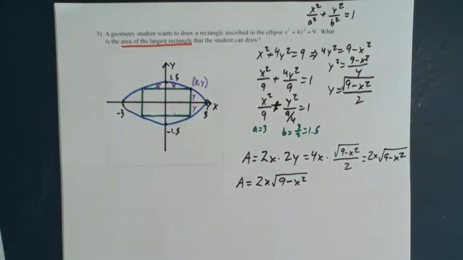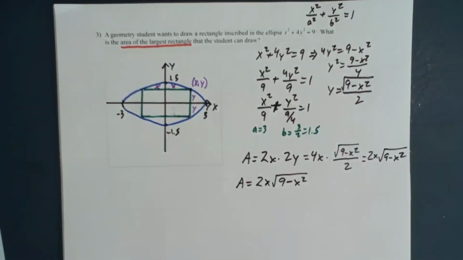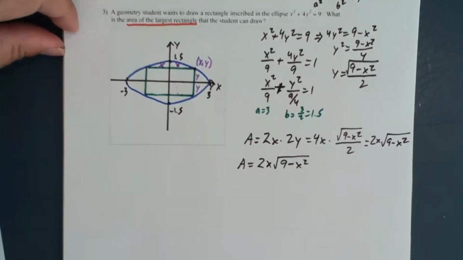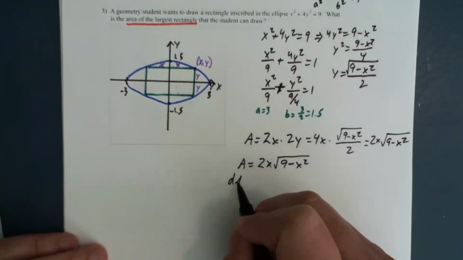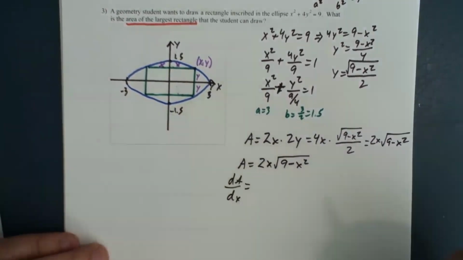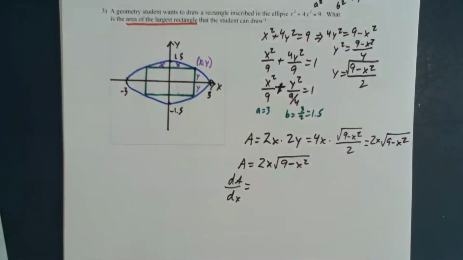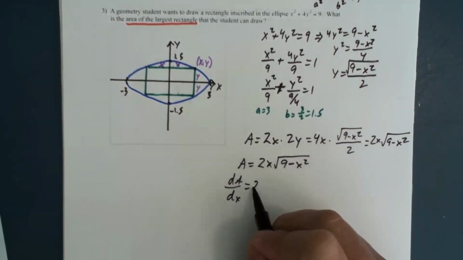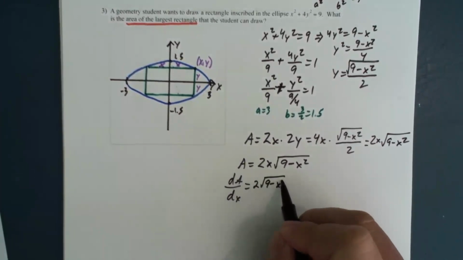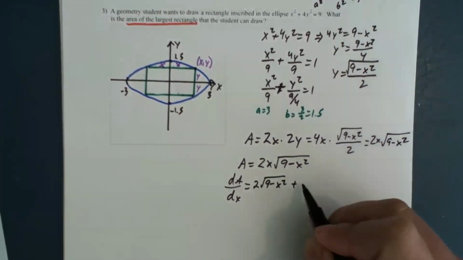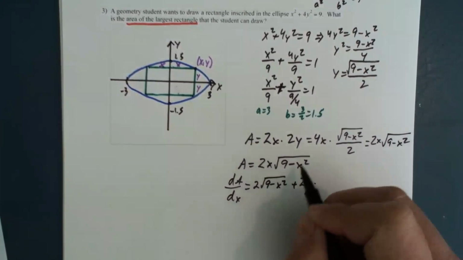So now to optimize that area, we need to take the first derivative. Now I'm going to have to do product rule here. So the derivative of 2x is just 2, plus 2x times the derivative of this.